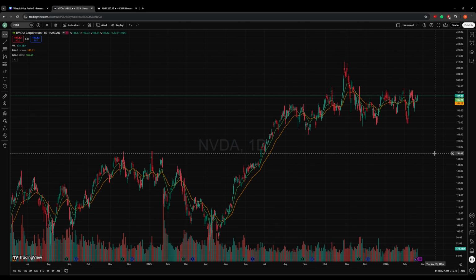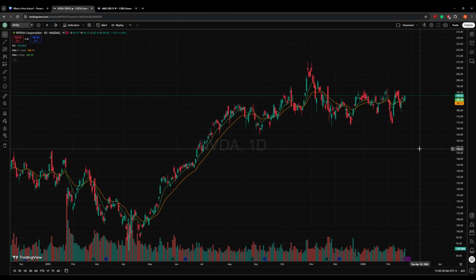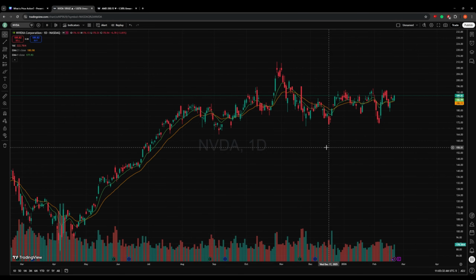So here's an example. Here we have Nvidia from pretty much August of 2025 till now. You can see that there is a lot of chop on it. So what we can do is to go into a higher time frame, on the weekly time frame, to get a better idea.